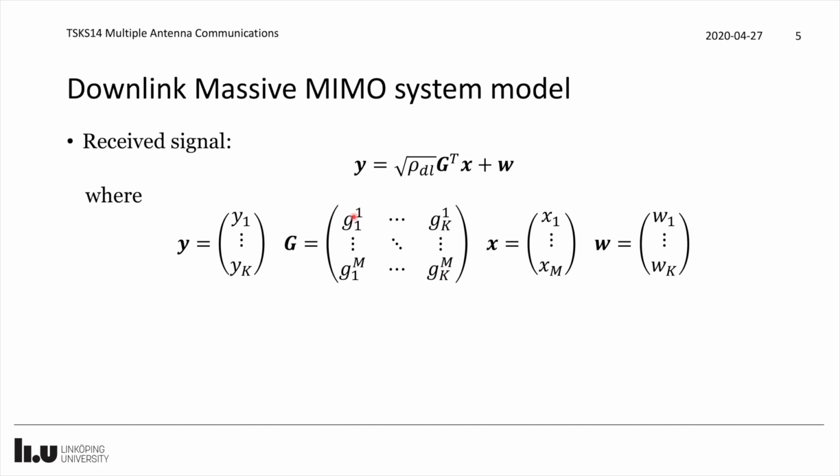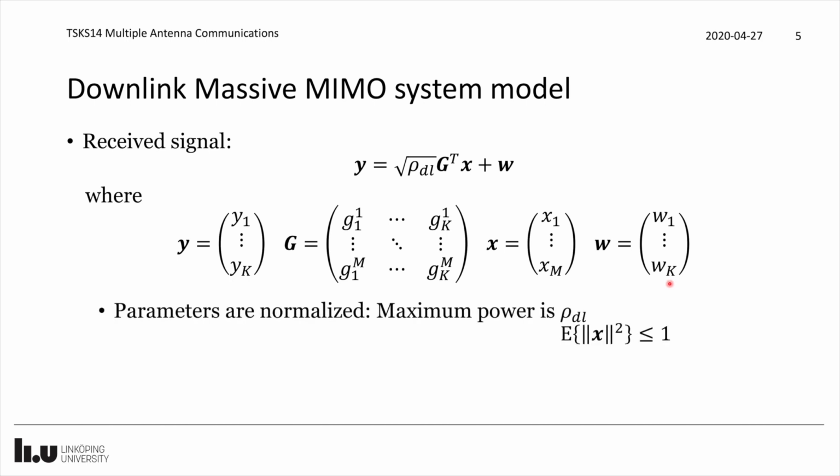Here we have user 1, user 2, up to user K. This is the same matrix that we used in the uplink. But we need to take the transpose of it, so that we get a transpose on each of the columns, and we can multiply it with x, the transmitted signal. Then we have rho downlink here. And finally, we have w, our K-dimensional noise vector, w_1 to w_K, which are the receiver noise at each of the K users.